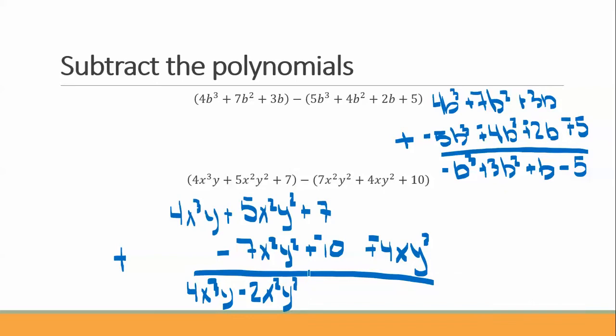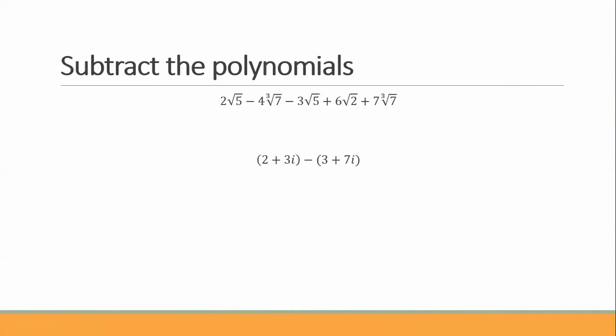And now we have 7 minus 10 is minus 3. And 0 minus 4xy squared is minus 4xy squared.